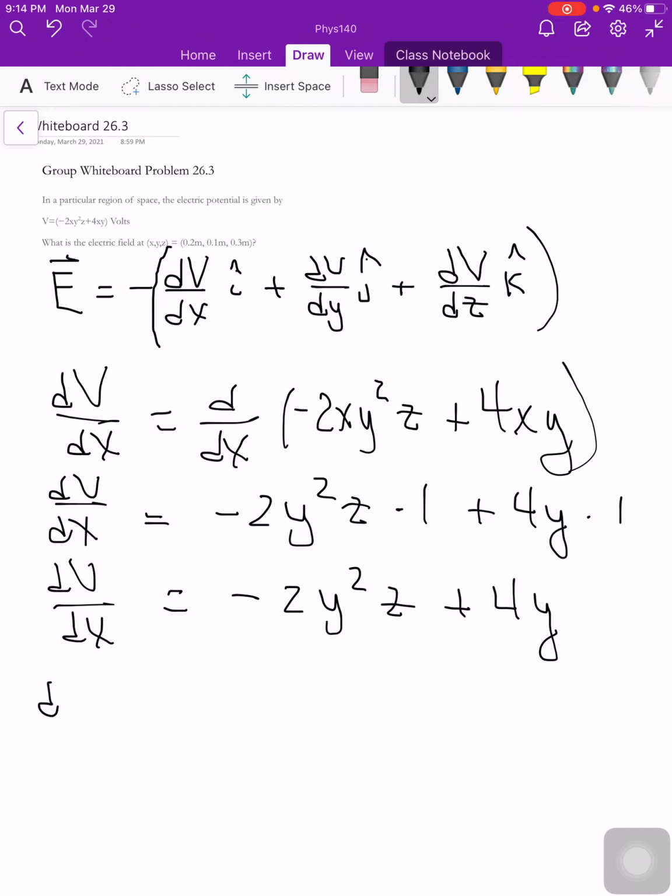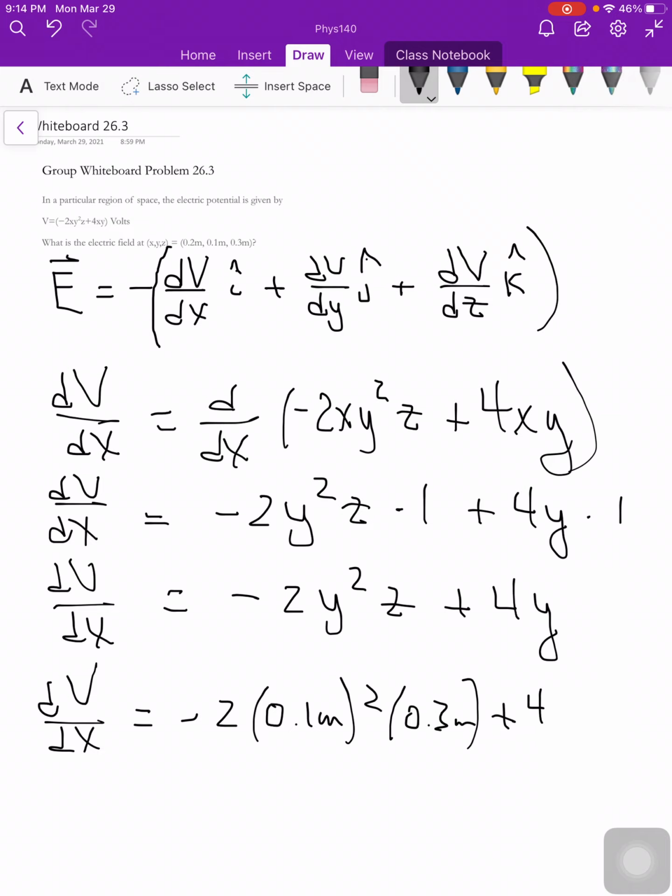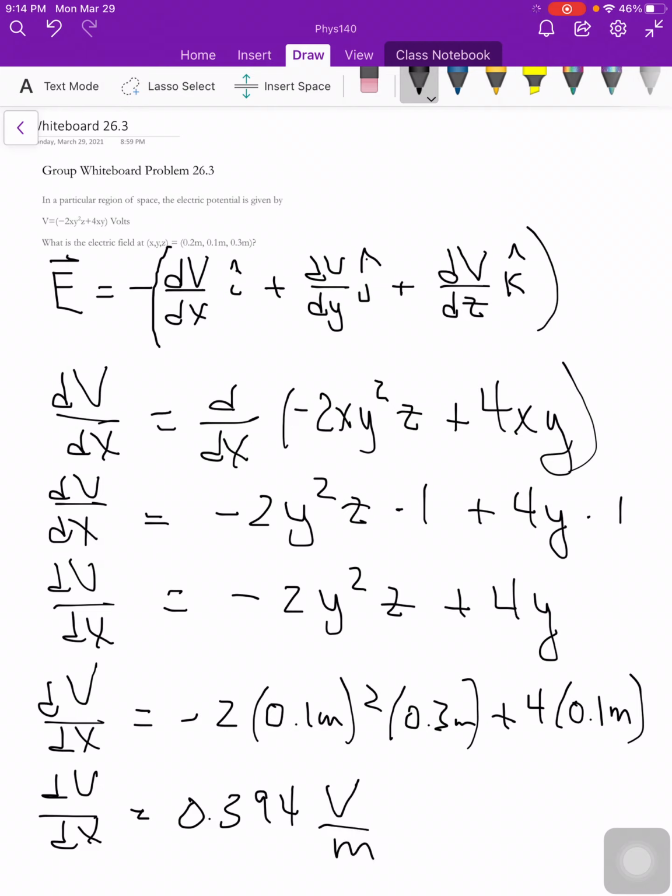So this is negative 2 times y squared, which is 0.1 squared, times z, which is 0.3, plus 4 times y, which is 0.1 meters. When I calculate that, I get dV dx equal to 0.394 volts per meter. That's what goes into the first term.